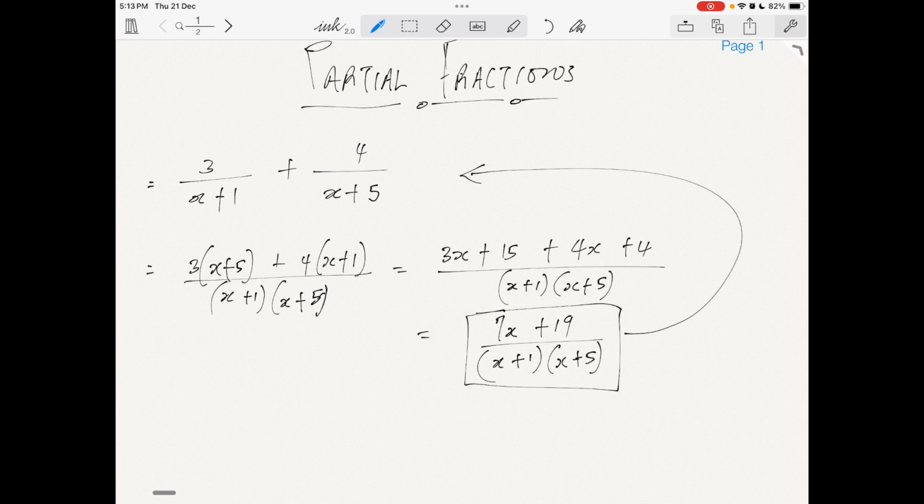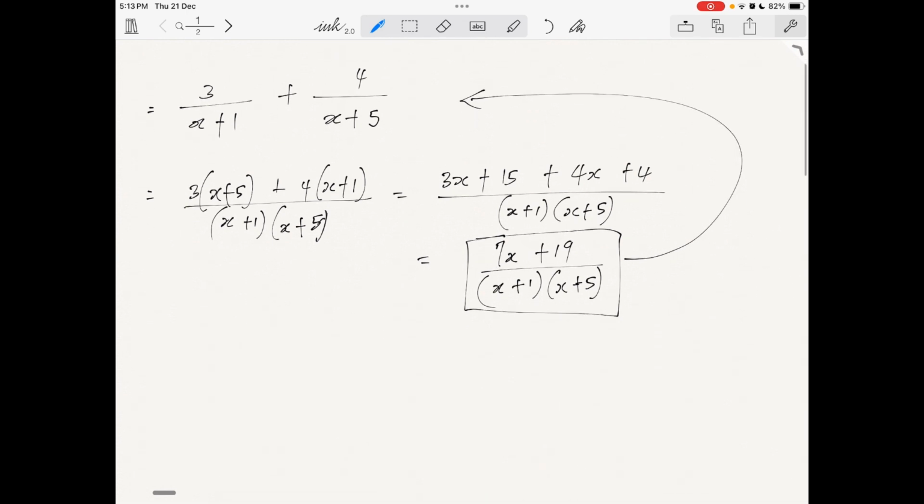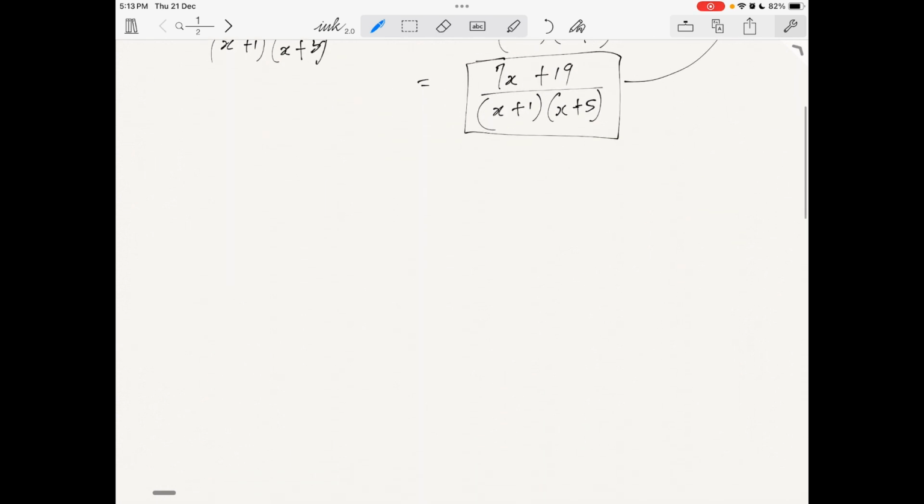Now the partial fractions for any compound fraction will be determined strictly by the nature of the factors at the denominator. So that is why we have various types of partial fraction processes. Number one, we have those with non-repeated linear factors.